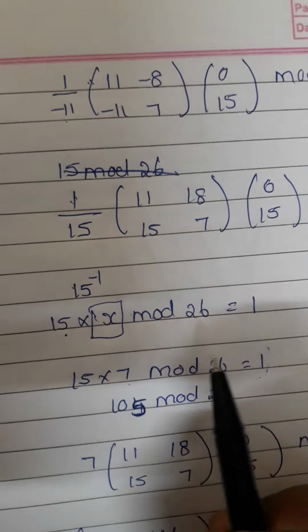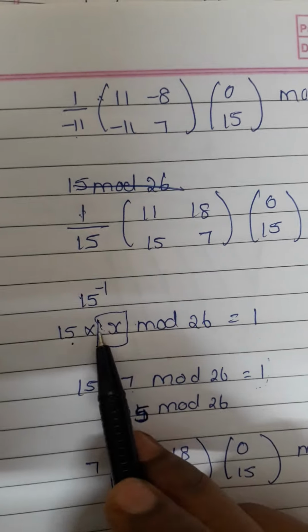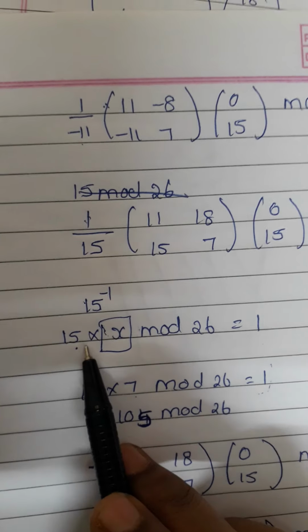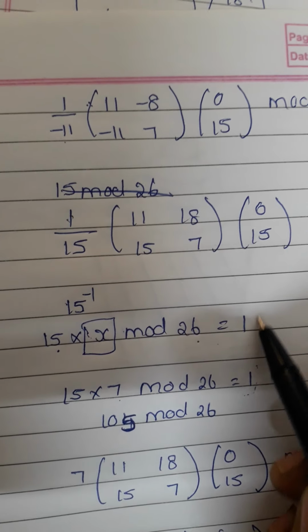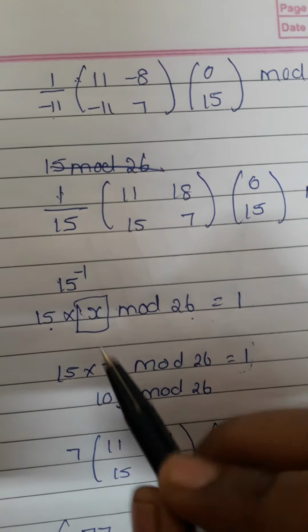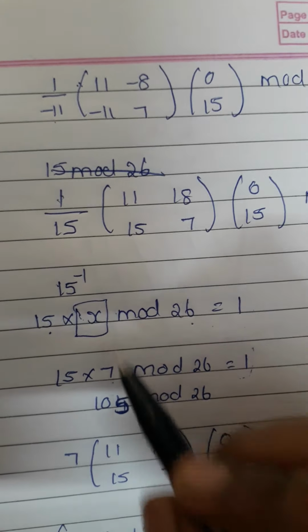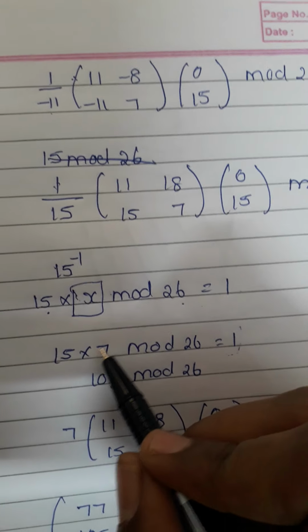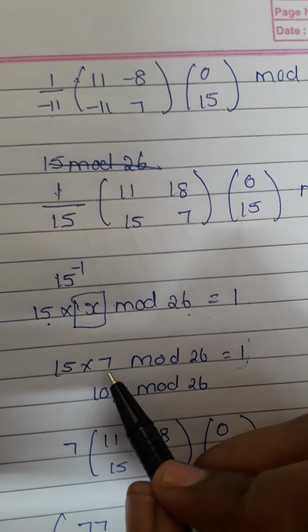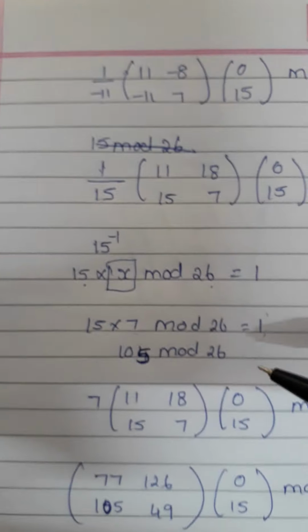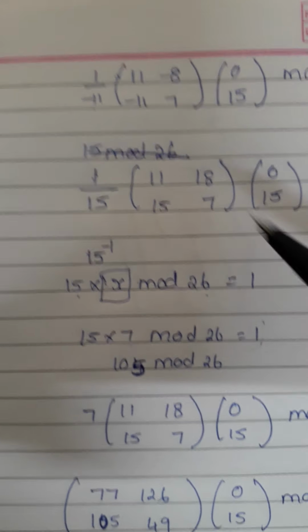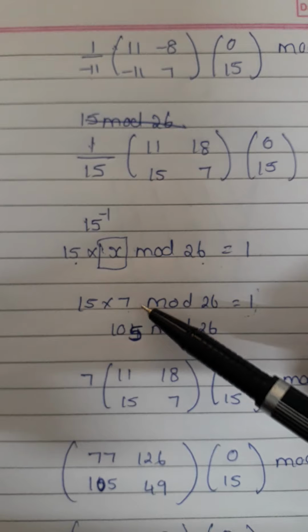When you multiply that value and then mod with 26, you need to get the value 1. So you have to try all the values. Here I have found it is 7. When you multiply with 7, it will give you 105. And 105 mod 26 gives the remainder 1. So the 15 inverse value is 7 here.